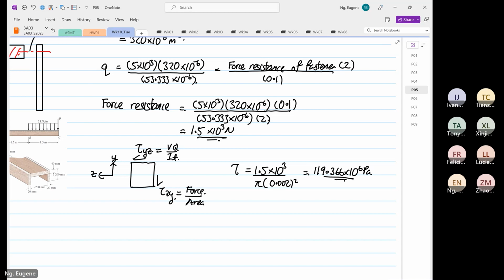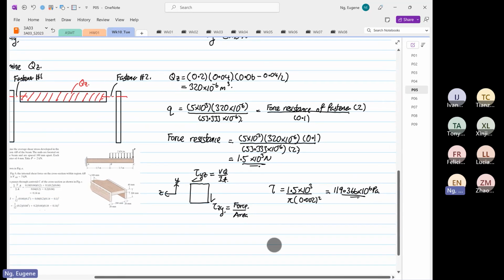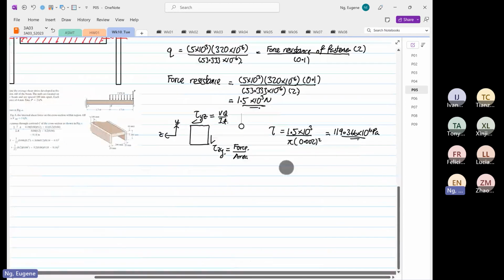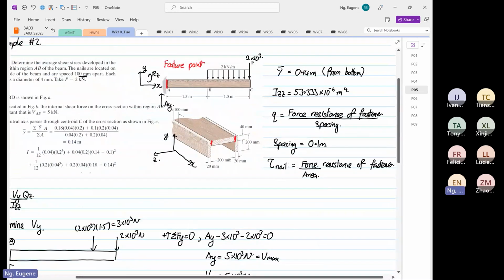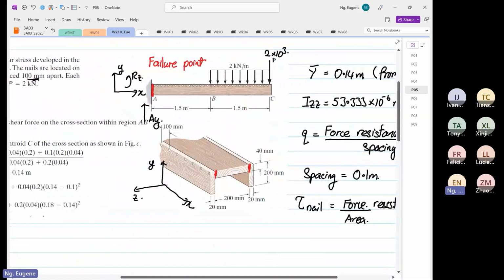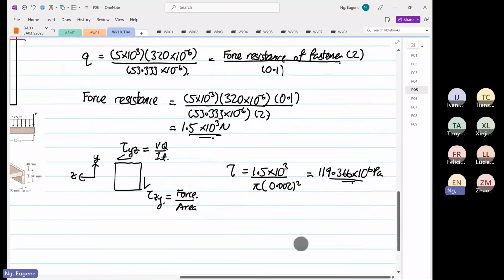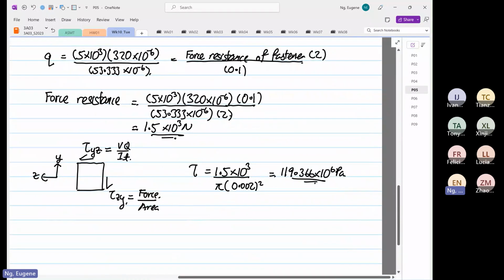Okay. So this shows you, if you are going to design a structure like this, based on the spacing that you have given, you have to ensure that the screws or the fasteners are able to carry a shearing stress of 119.366 times 10 to the 6 Pascal.